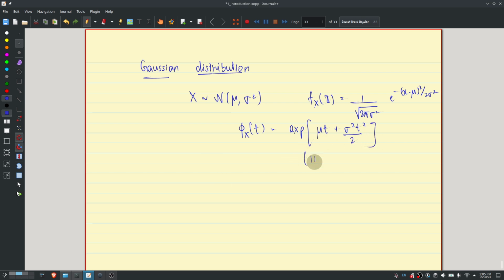This is another homework problem. So the moment generating function also behaves in some sense the same way. So the PDF is e raised to minus x minus mu the whole square by 2 sigma square, whereas the moment generating function is e raised to sigma square t square by 2 plus mu times t. So it is e raised to some quadratic.